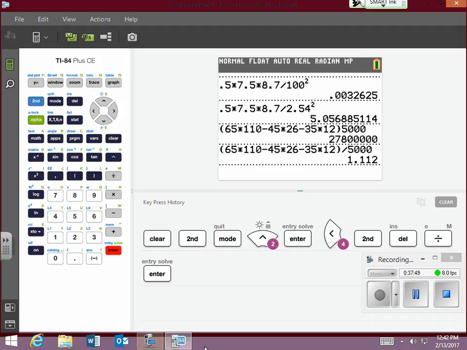Now, my calculation showing one bag is going to be enough. Did you do 65 times 110? Did you put a bracket around there? I did them all individually. I got the whole area of the whole plot of land and deducted the house. This is the right answer.